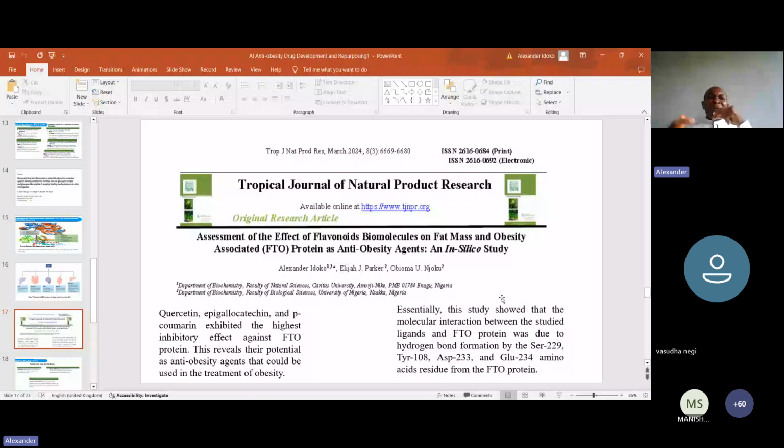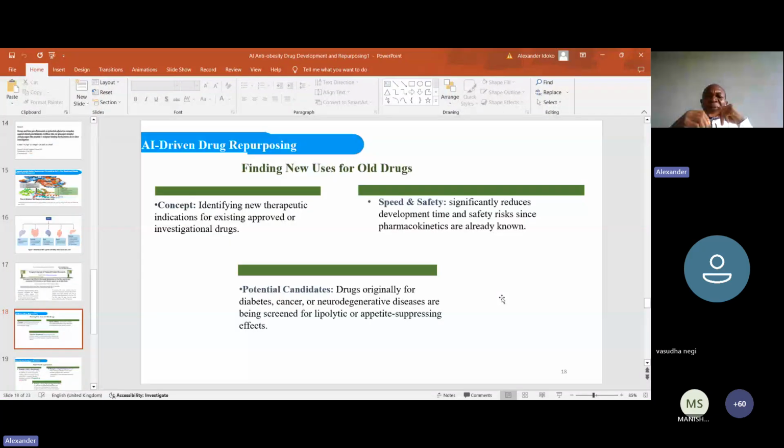Now, what is drug repurposing? Drug repurposing is identifying new therapeutic indications for existing approved or investigational drugs. It's a new area in AI-aided drug discovery, where existing drugs can be repurposed for better pharmacological purpose.